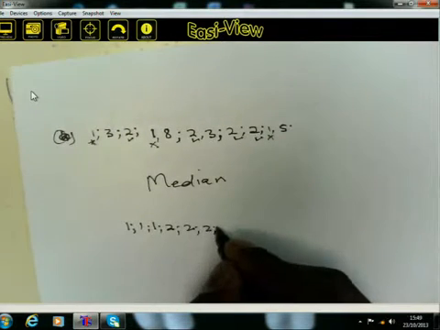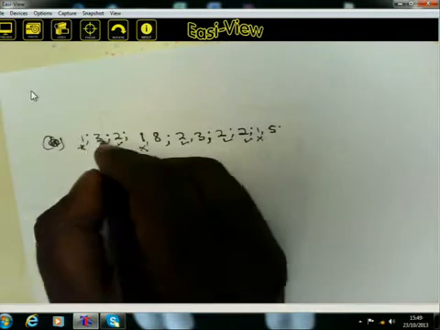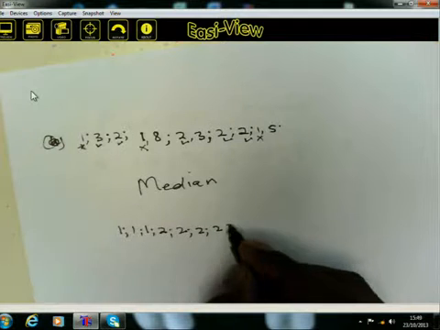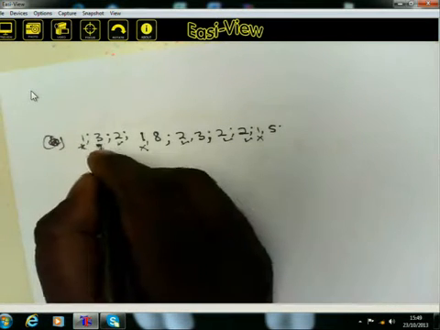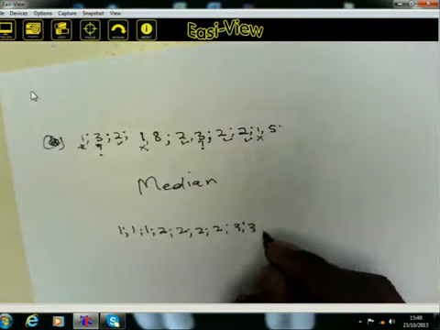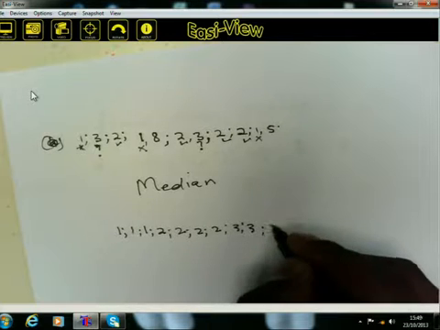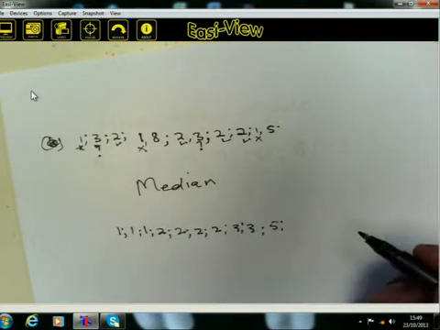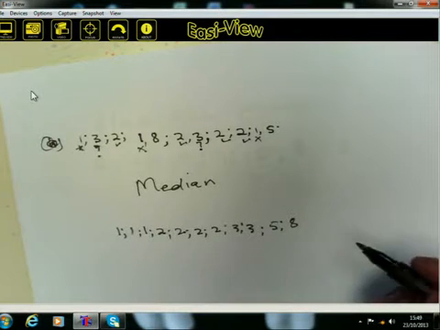And then it will be 3. It will be this 3, I'm writing it, and this 3, I'm writing it. 3s are now done. I don't have 4, that is 5. I don't have 6, I don't have 7, that is the last one, it's 8.